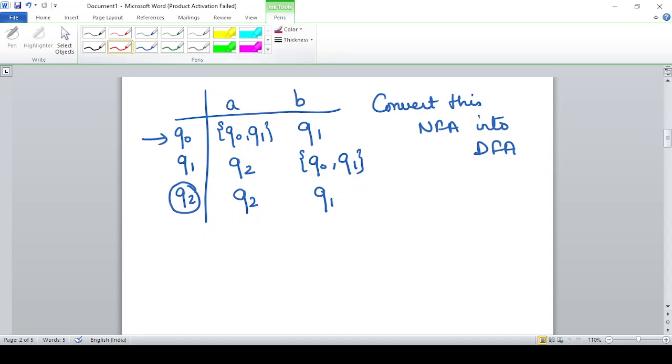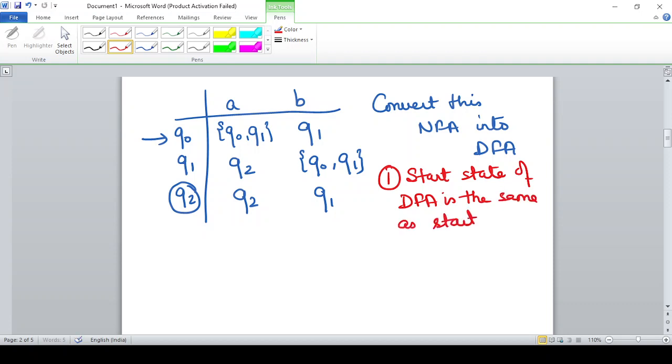When we convert an NFA into a DFA, the first step is that the start state of the DFA is the same as the start state of the NFA. Here the initial state was Q0, so for the DFA also the initial state will be Q0. So at the moment we know one state.